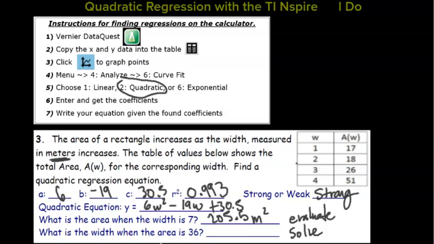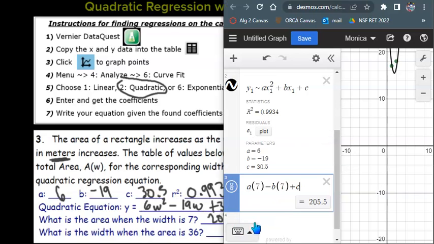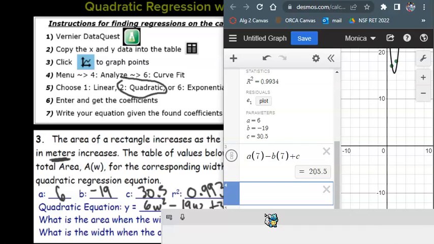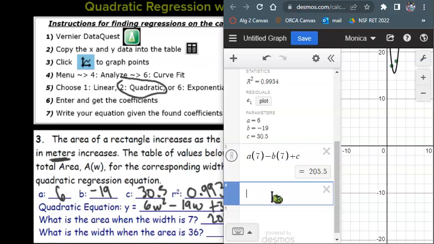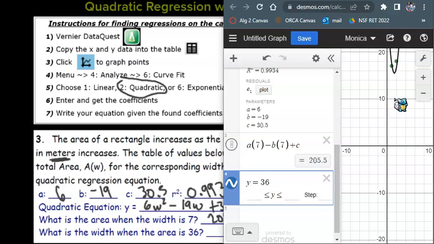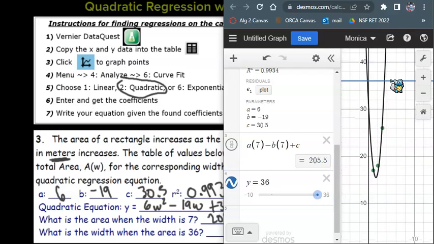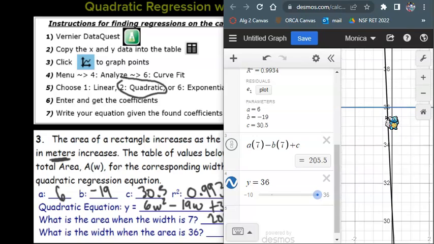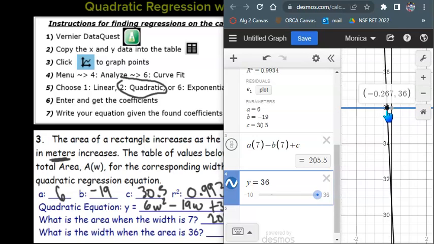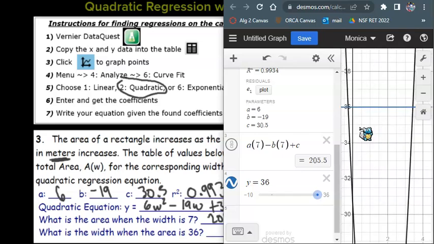Okay, what is the width when the area is 36? From here, we're just going to type in y equals 36 and find where the graph crosses that. So we have this negative 0.267, but that's going to be extraneous because we can't have a negative width.